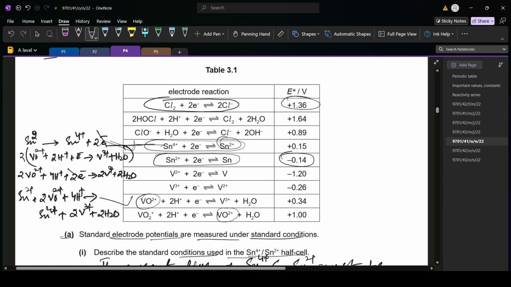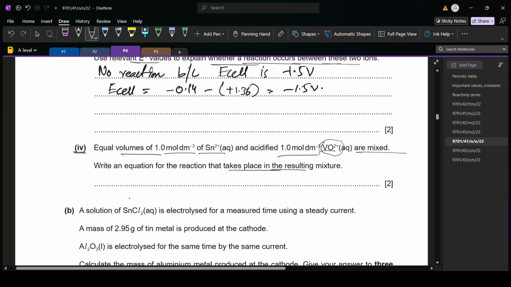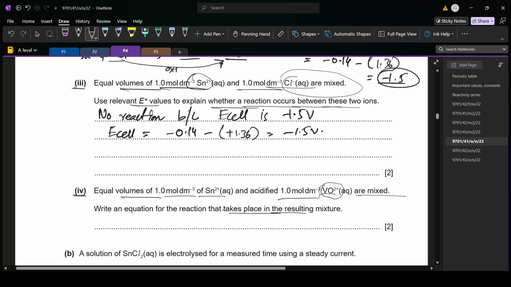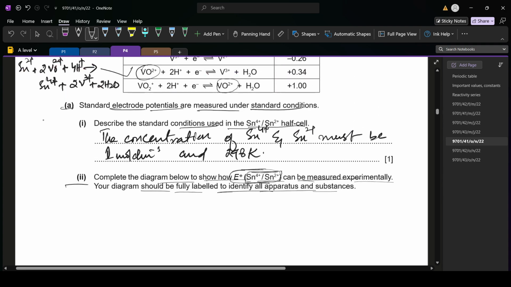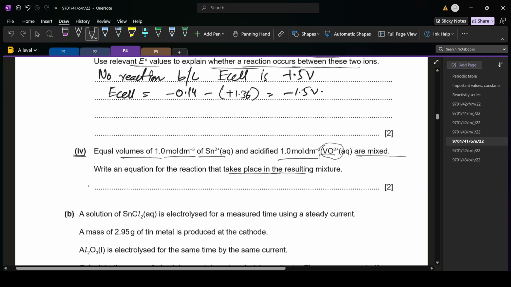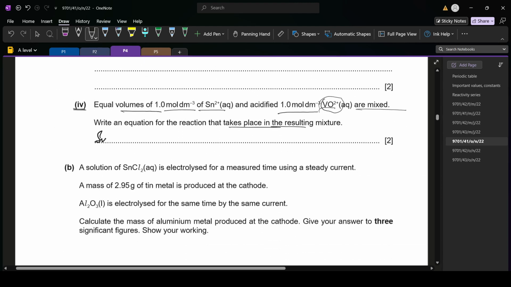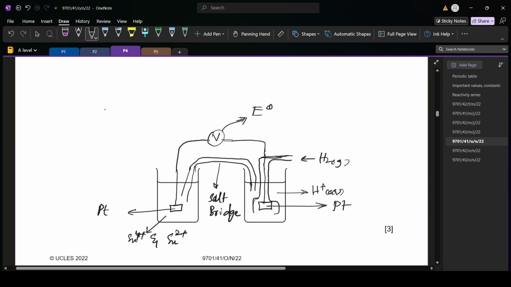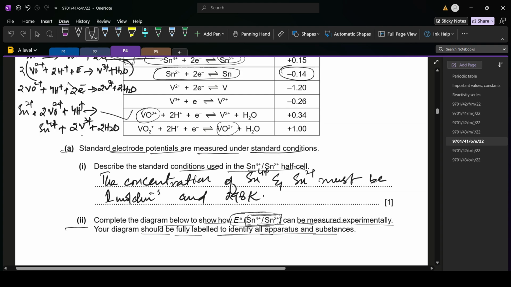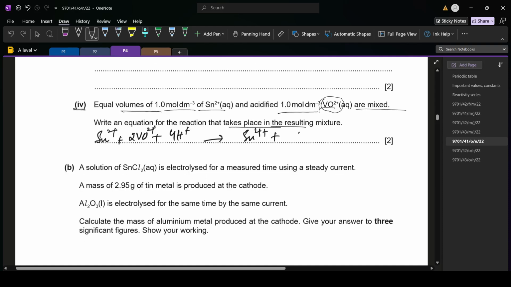Balance this. So this is your final equation for the reaction.